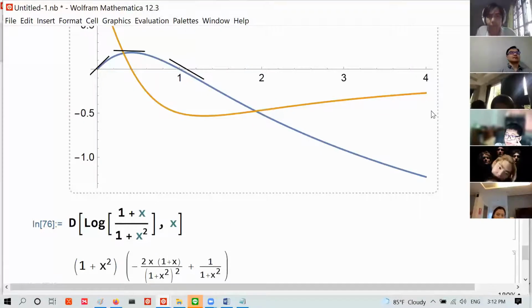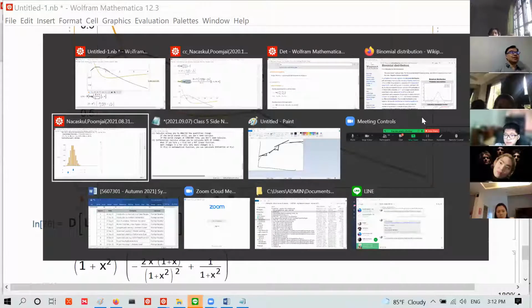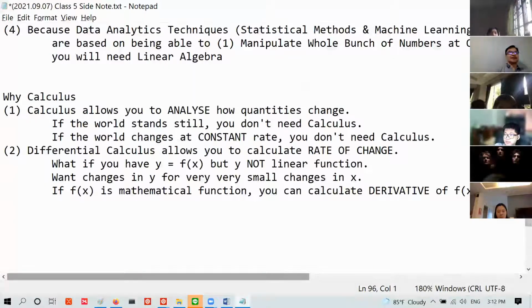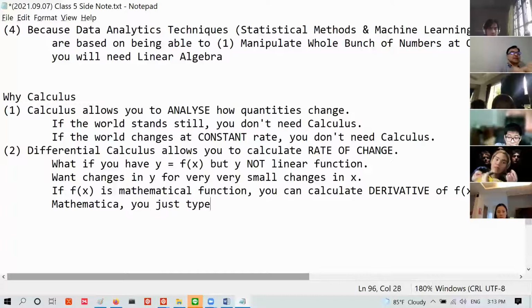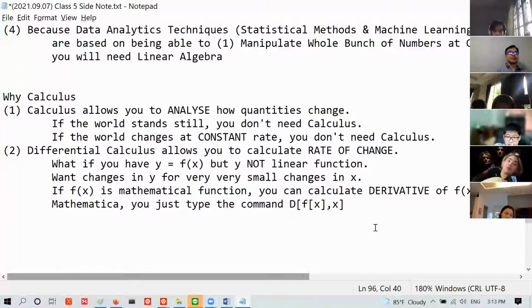Okay. Now, so differential calculus in Mathematica, you just type d of f of x. That's it.